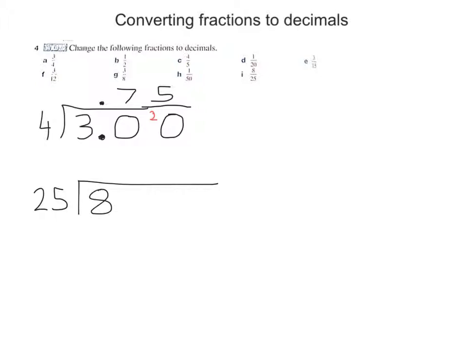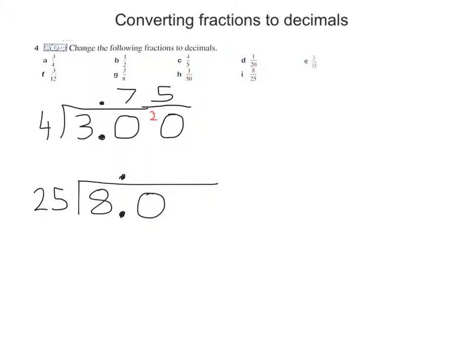The next step is to put a decimal after that number. So just remember it's an imaginary decimal. And the next step is to put a 0 after that decimal. The next step is to put a decimal directly above the decimal inside the division sign. So remember, it has to be directly above. It can't be anywhere else but there. Okay. So now we're ready to go ahead and solve this question.